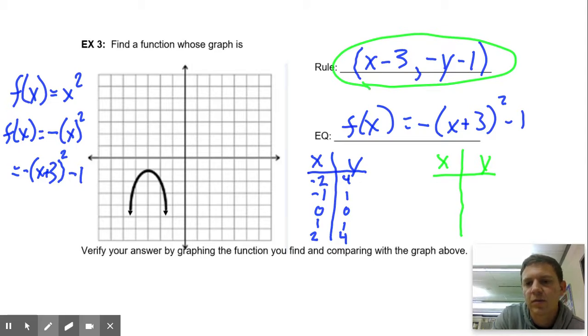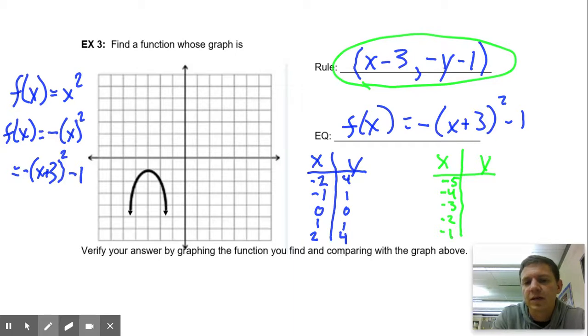Okay, so what do we have to do to the x's? We have to subtract 3 from all of them. So minus 5, minus 4, minus 3, minus 2, minus 1. I just took the x's from our parent function in blue, subtracted 3 from them, and I got those numbers in green for x.